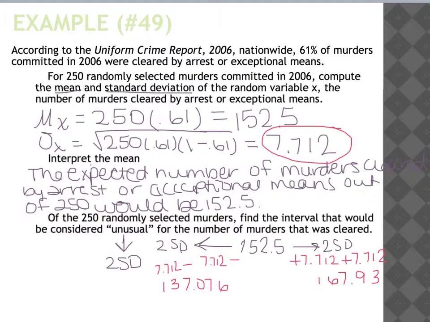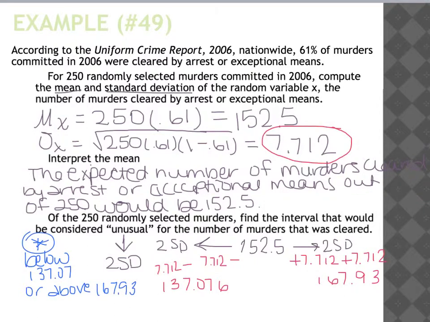So the boundaries for unusual would be between 137.076 and 167.93. So to answer your question, find the interval that would be considered unusual, you would say below 137.07 or above 167.93. So that would answer your question.